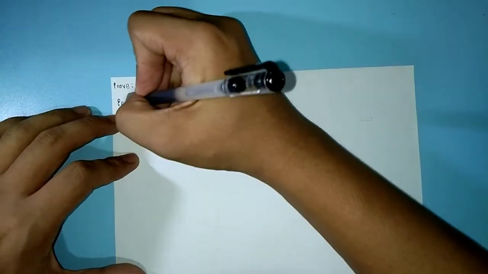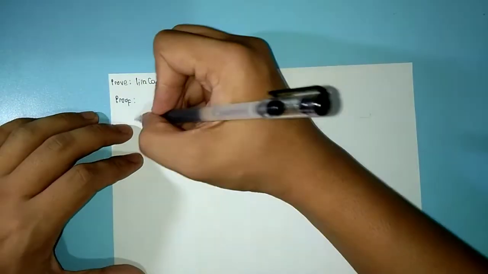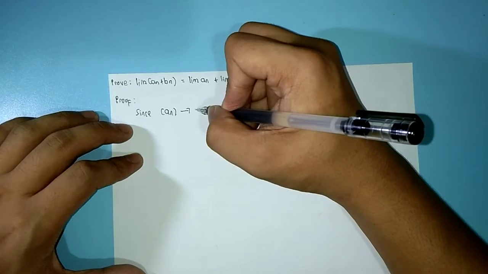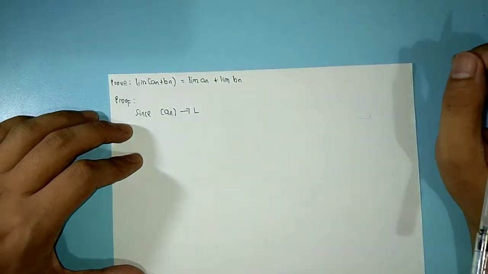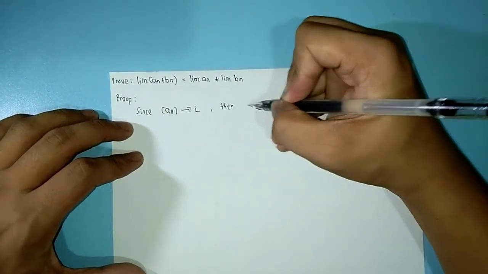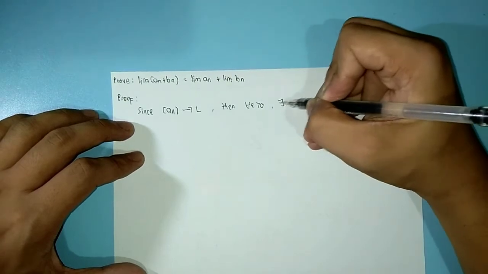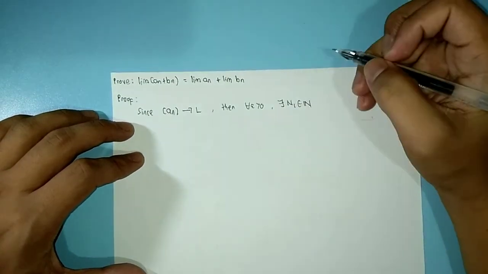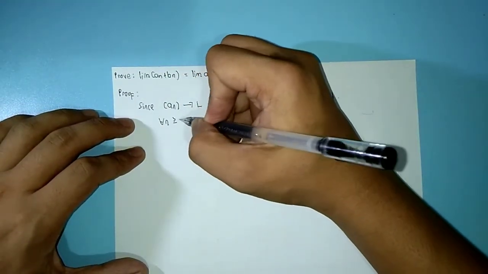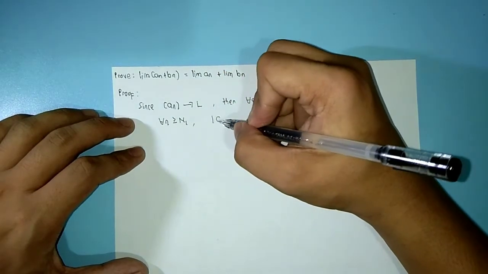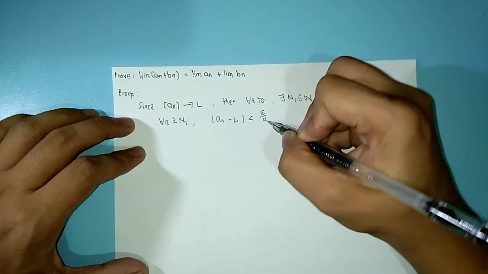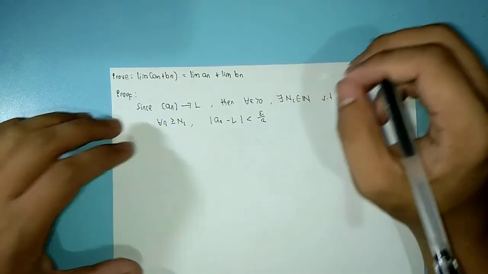So for our proof, since yung sequence na a sub n approaches to L, then by definition of limit of a sequence, then for any positive epsilon, may mag-exist, let's say N sub 1, natural number N sub 1, such that for all n greater than or equal to N sub 1, the absolute value of a sub n minus L is less than epsilon over 2. Okay, since epsilon is arbitrary.